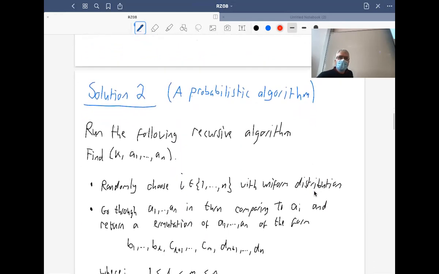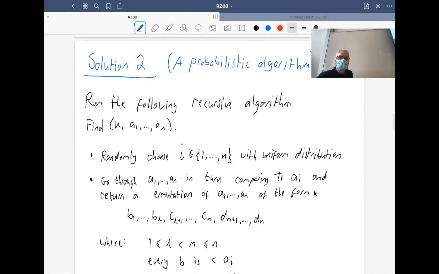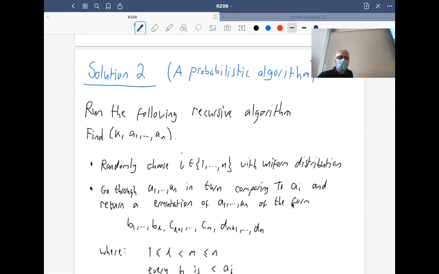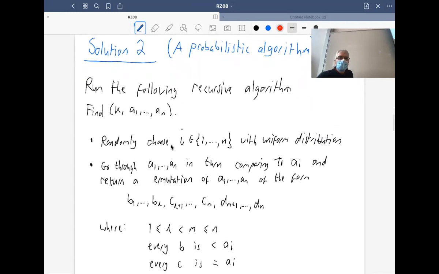So let's instead look at a different approach, and this is the probabilistic algorithm. We're going to find a recursive algorithm to find the kth ordered element in an unordered list of n numbers.